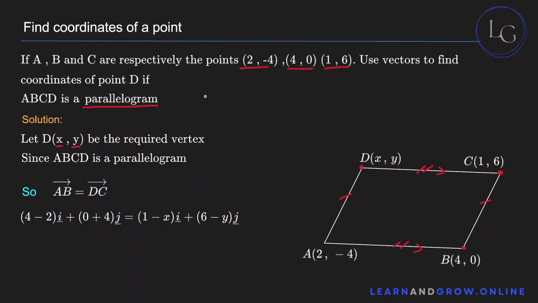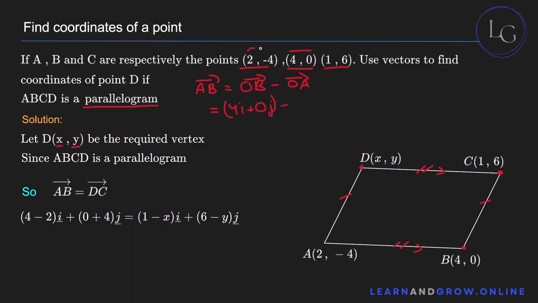Now, to find the vector AB in equation form, AB is equal to OB minus OA, right? And as you know, the equation of OB is basically this: 4i plus 0j, minus OA.